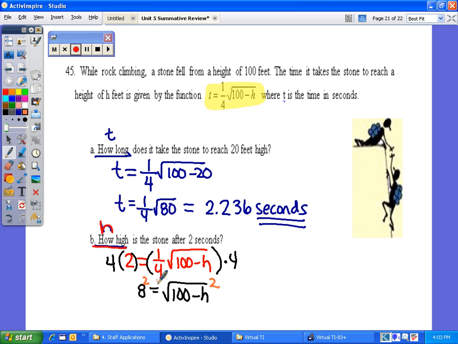If I square the right, I've got to square the left. So I'm left with 64 equals 100 minus h. I need balance. So that means I need to move all my numbers over. So minus 100. And don't forget that becomes a negative h.